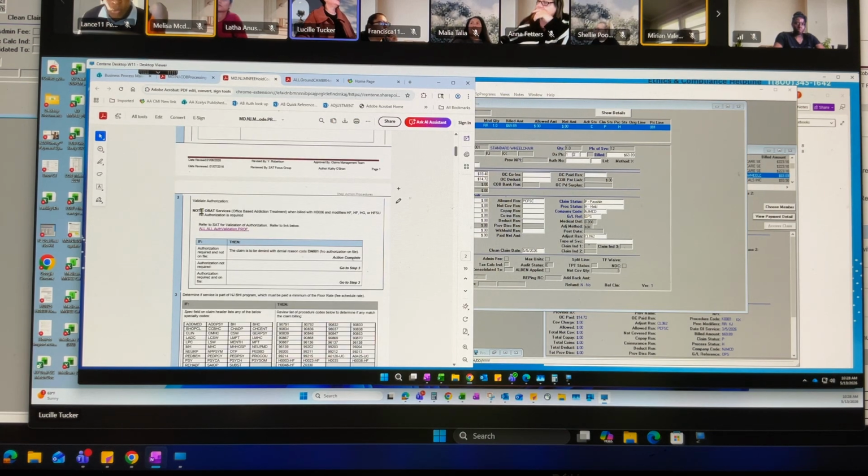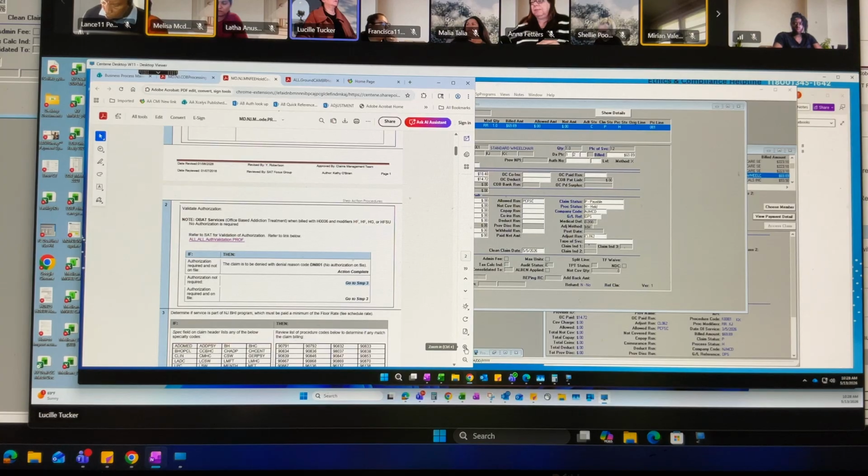Now, I am not checking for an authorization because my auth is waived due to COB. So this would be, auth is not required, okay? Because of the COB, so keep that in mind. So that's why I'm going to step 3. It's a little bit bigger.